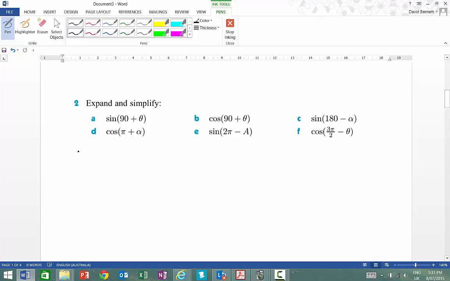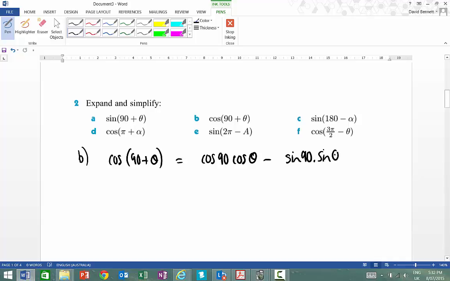So let's do part B. We've got cosine of 90 plus theta. Now remember cosine was cosine 90 cosine theta. That's opposite, so it's take sine of 90 sine of theta.